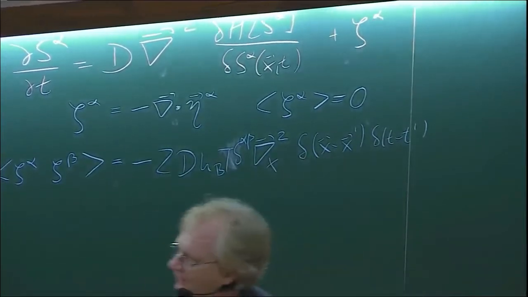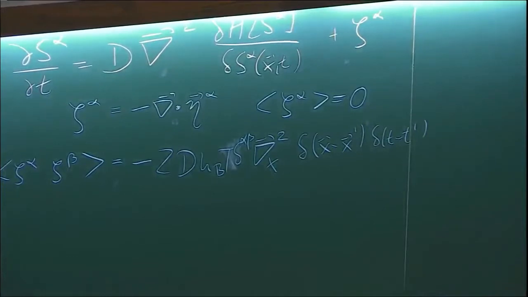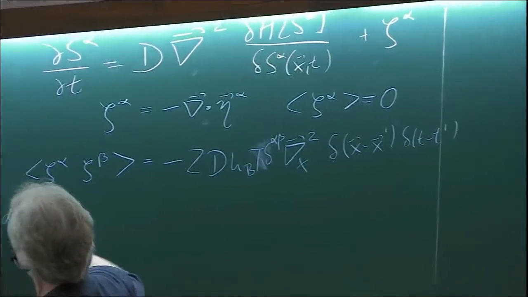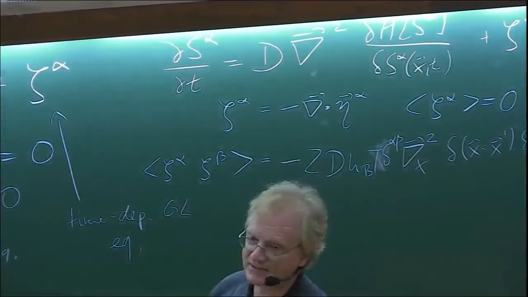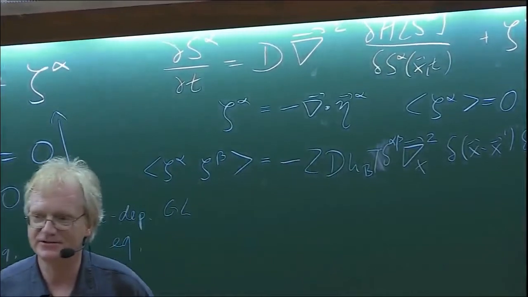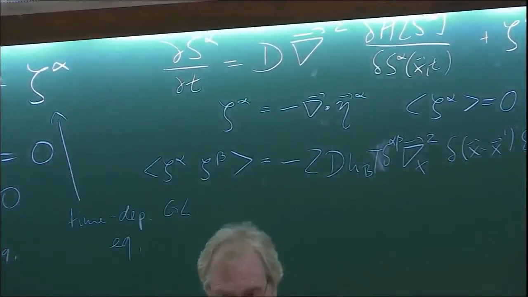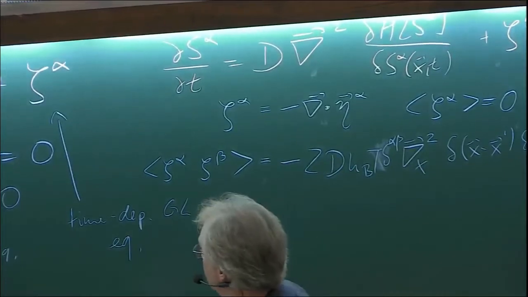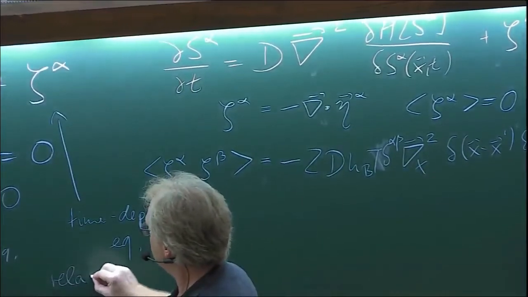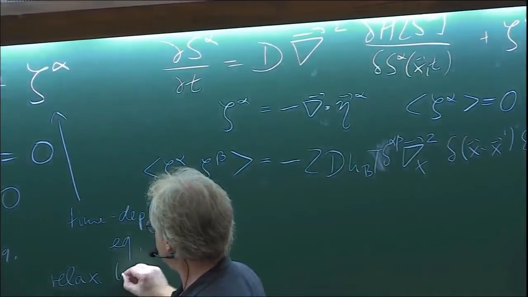Names to this. This equation here is called the time-dependent Ginzburg-Landau equation, for the obvious reason that we started from a Ginzburg-Landau functional and we just make a time-dependent theory of it under the simplest approximation of only relaxational dynamics. And so it's also called relaxational kinetics.